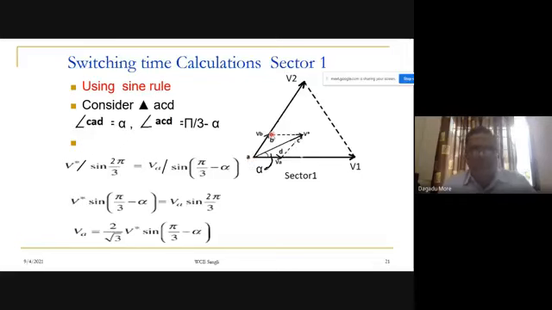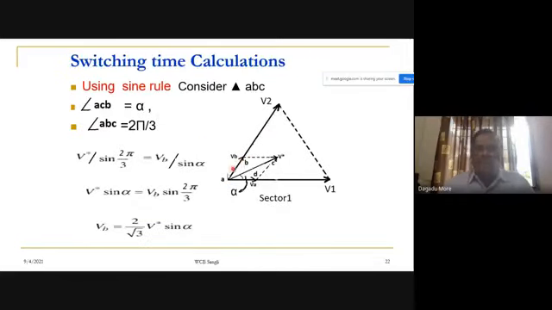For VB, we consider the upper triangle ACB. In triangle ACB, the angle ACB will be equal to alpha, and angle ABC will be 2 pi by 3.